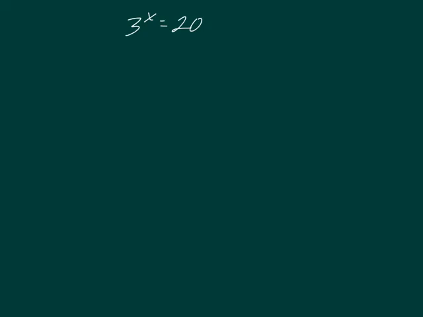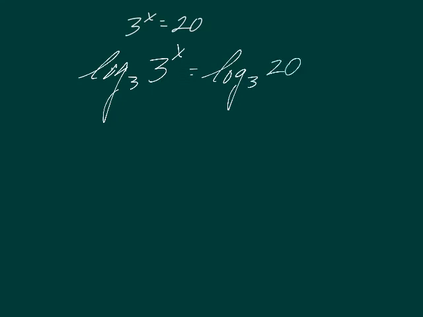Now, for those that are really thinking, there is another way to solve this. Just a minute ago, we took the log of both sides, and the log that we used was base 10. But what happens if we take log base 3 of 3 to the x equals log base 3 of 20?